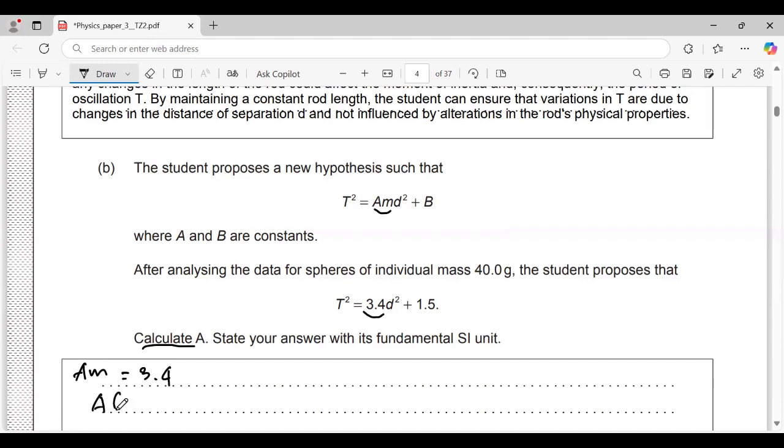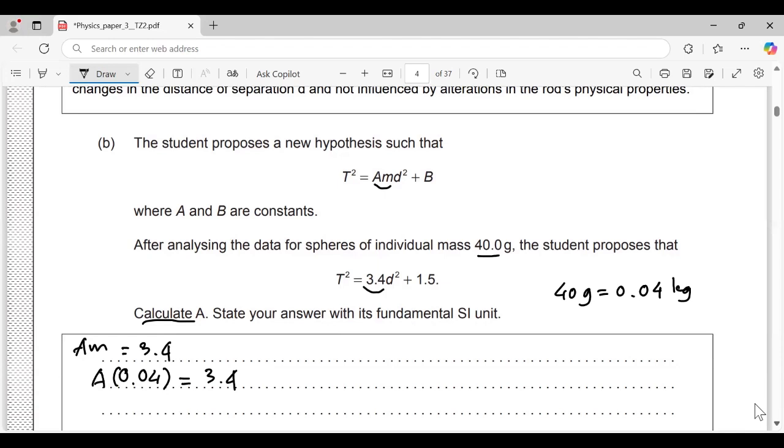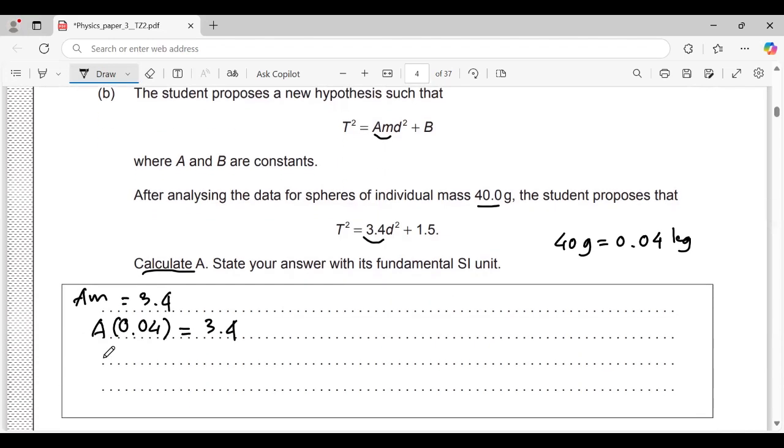So A times mass, which is 40 grams. 40 grams to kilograms is 0.04 kilograms. So A equals 3.4 over 0.04, and if you calculate, the result is 85.